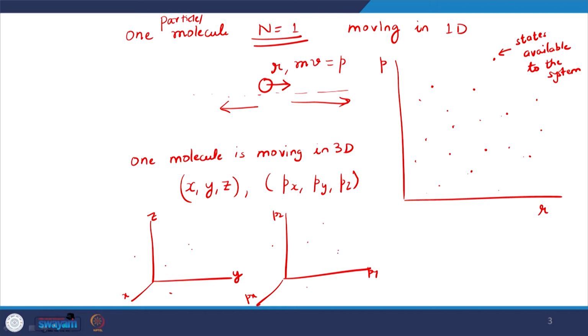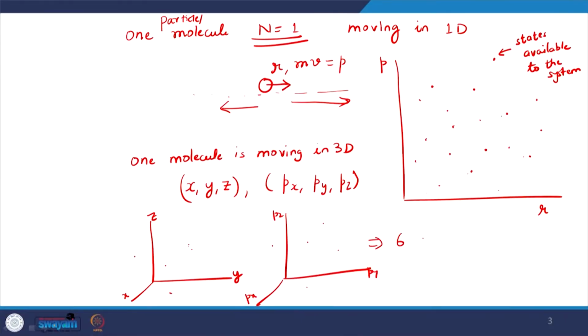And in fact, since for every given position I can have any momentum, although I have drawn it separately because I can only draw a 3-dimensional graph on the board, in reality we have a 6-dimensional graph, because for every position we can have any value of the momentum. So, this tells me that we have 6 dimensions for one molecule.